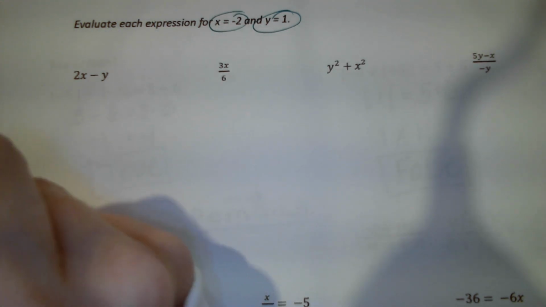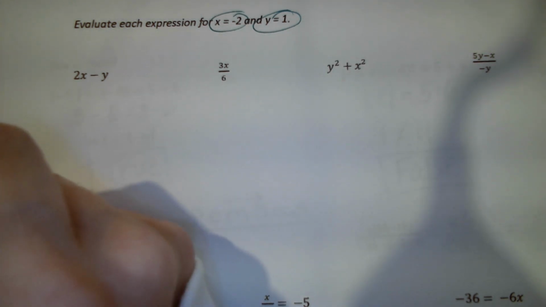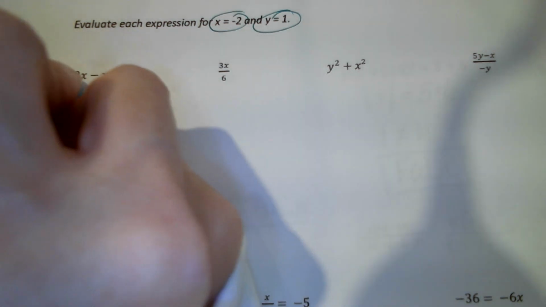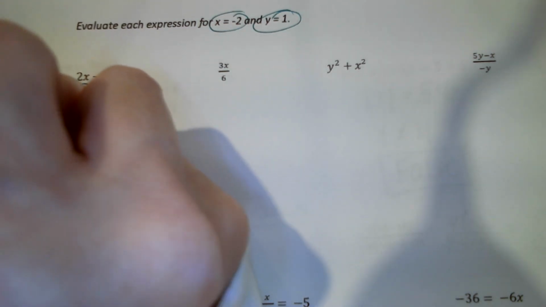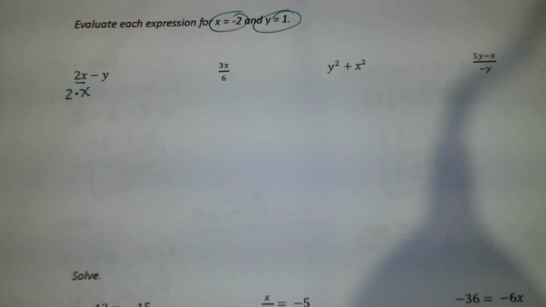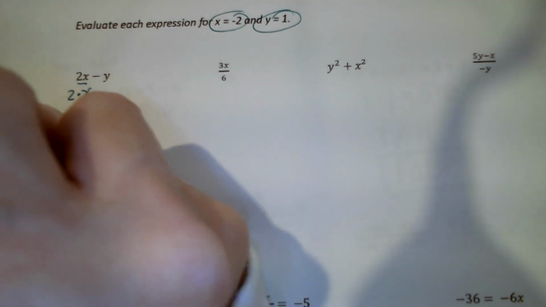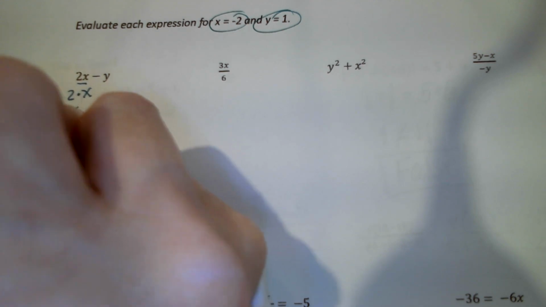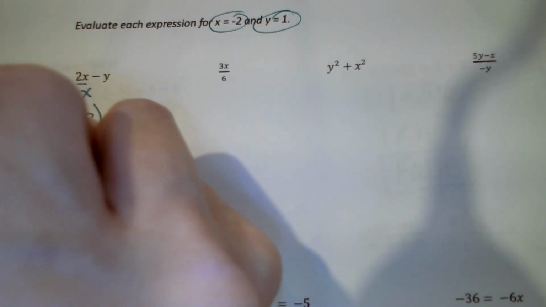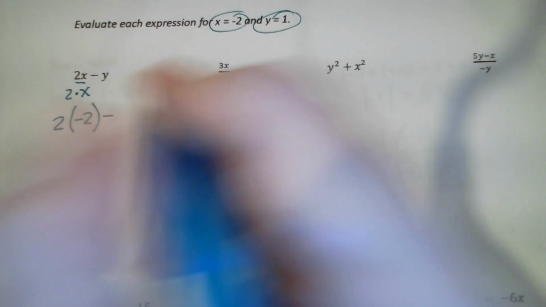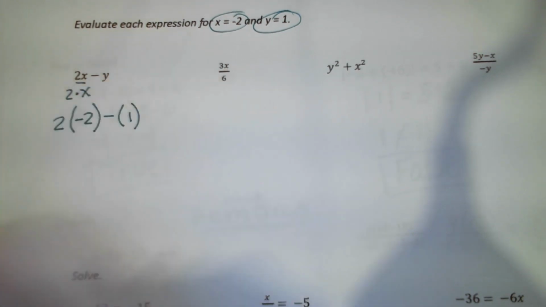Otherwise I might mess something up with the negative and think it's subtraction or something. So the first one is 2x. Remember, that's 2 times x, right? That's an easy one to forget when we're first learning to use our variables. So this is going to be rewritten as 2 times negative 2 minus y is 1, so minus 1.